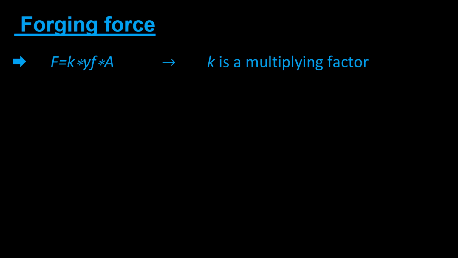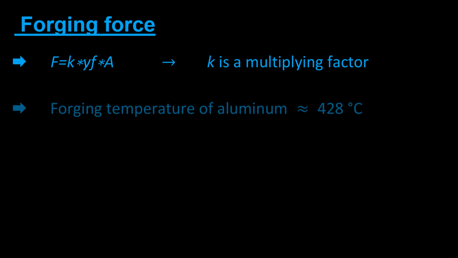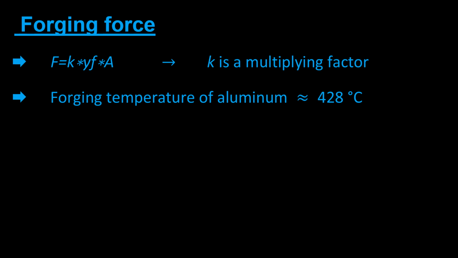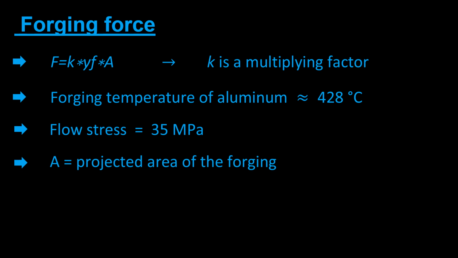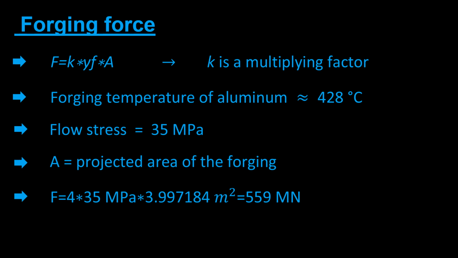For this case, the forging operation does not produce any flash, and it is considered a simple shape. The forging temperature of aluminum is approximately 428 degrees Celsius, so the flow stress is 35 megapascals. The area was calculated in SolidWorks, so the result is the next one.